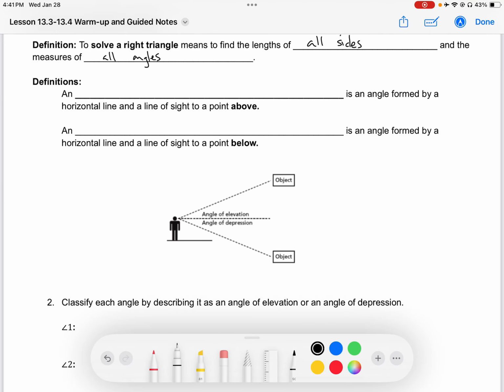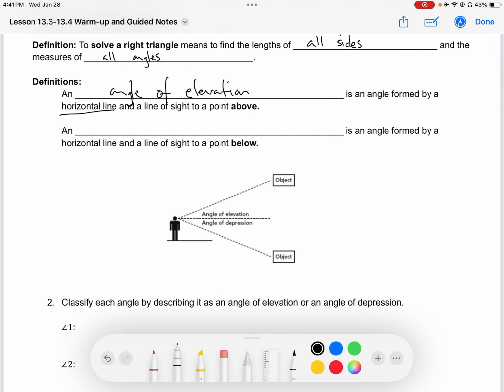So an angle of elevation is an angle formed by a horizontal line and a line of sight to a point above. Make sure you know that it's from a horizontal line. So if I have a horizontal line like this, I would have to be going up from the horizontal to have an angle of elevation. This right here would be an angle of elevation.